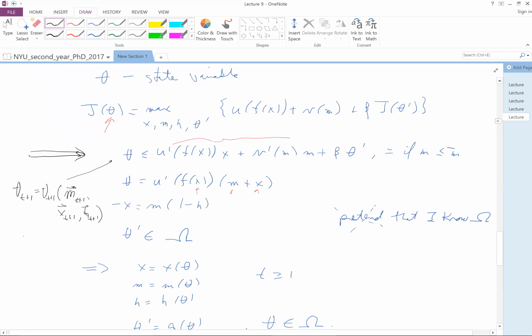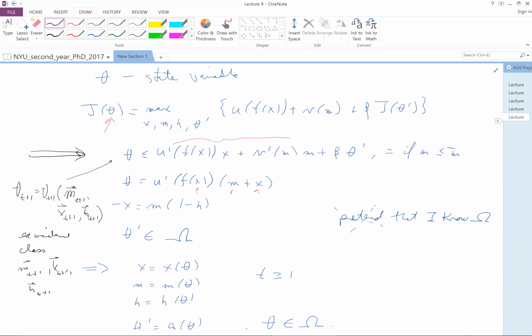So that means there's typically an equivalence class of mt plus 1s, xt plus 1s, ht plus 1s that will yield the same theta t plus 1. And the Ramsey planner at this point is indifferent among those.